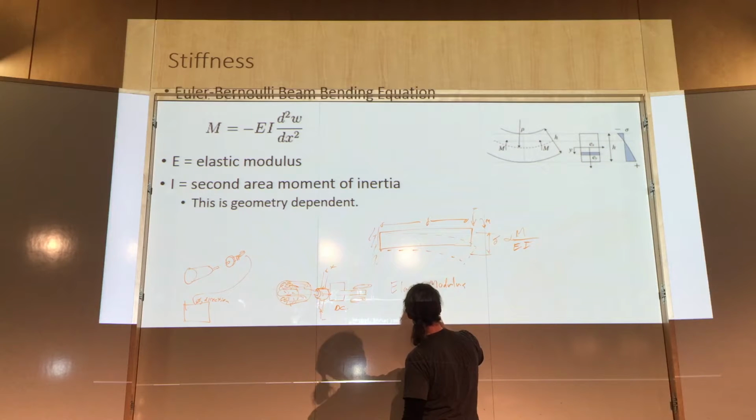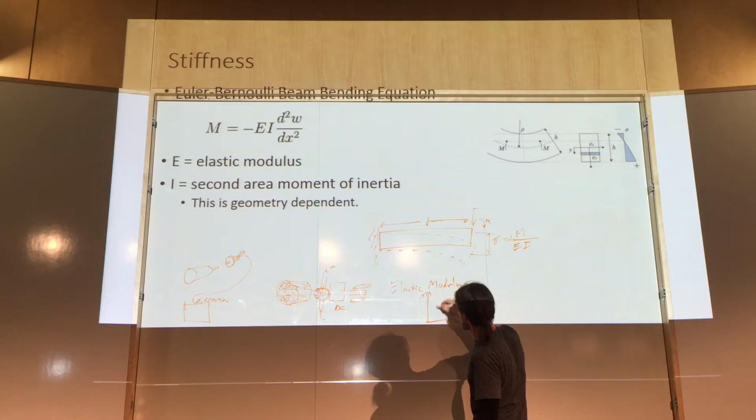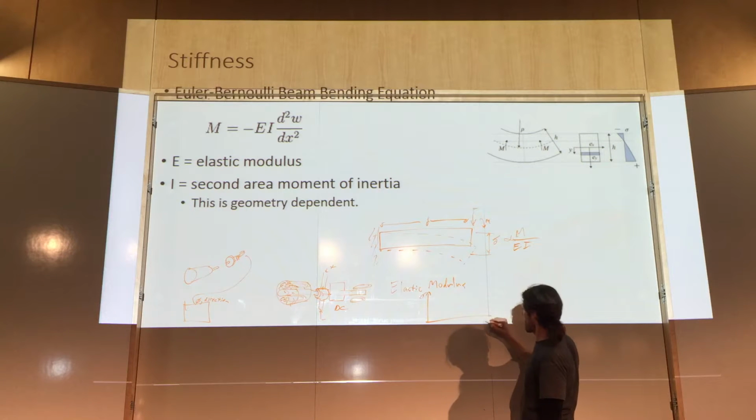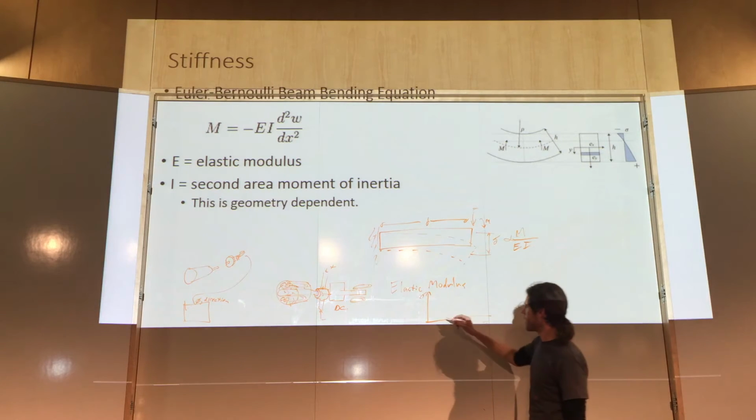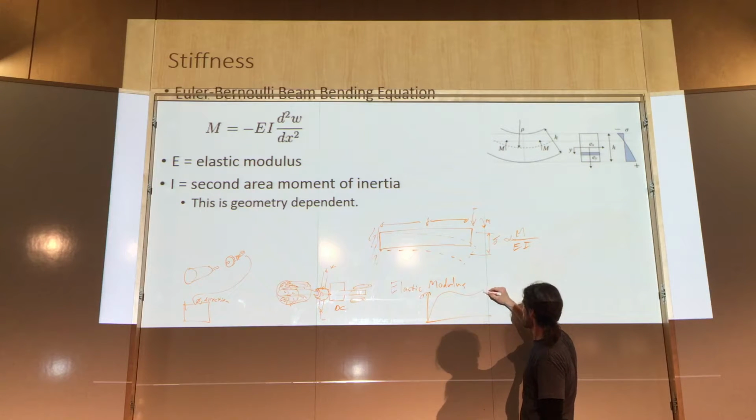This is defined as, if you apply a load, a stress, to your material, you look at how much it strains, and you end up getting a curve that looks something like that. Maybe it breaks right there.